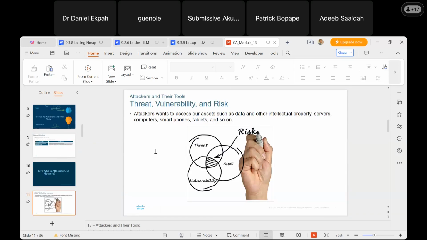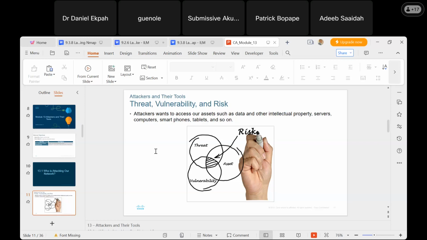Looking at it critically, attackers want to access our assets, such as data. So our assets: our data, and other intellectual property, servers, computers, smartphones, tablets, and so on. These are all what the attackers try to go after.